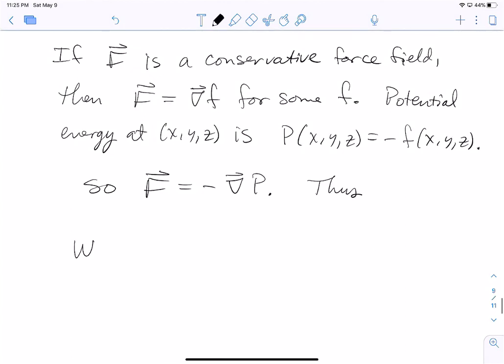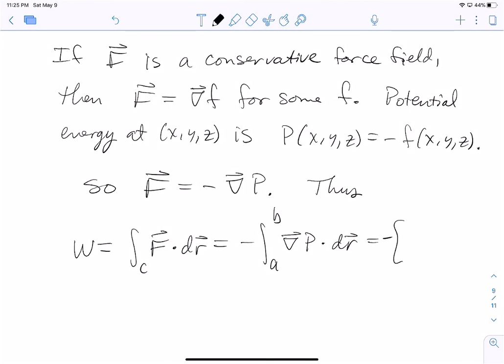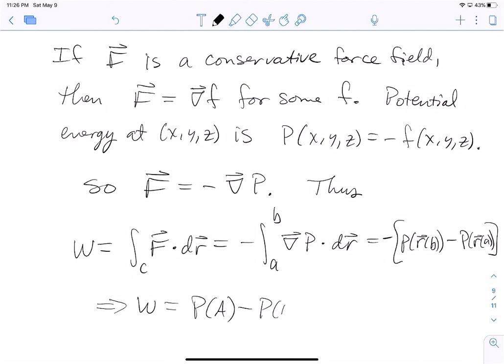Thus, the work, which we know is the line integral over C of F dot dr, is equal to the negative of the integral from a to b of del P dot dr, which is equal to, by the fundamental theorem of line integrals, the negative of P of r of b minus P of r of a, which means that the work is equal to P of a minus P of b.